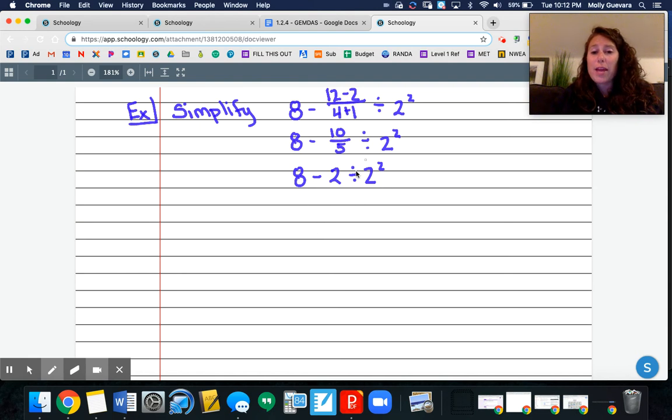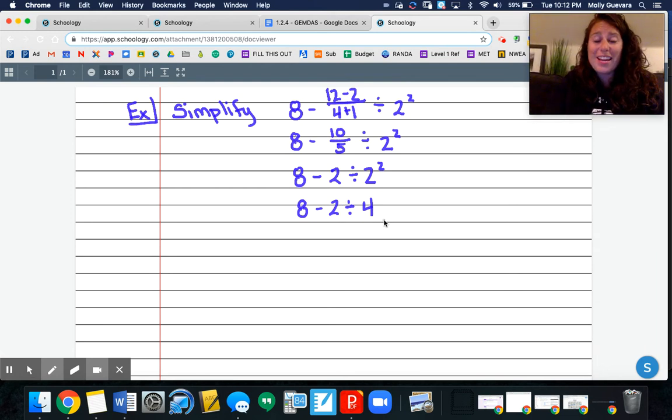So now I can do my exponents, which is this 2 squared. So 8 minus 2 divided by 4, right? Because 2 squared is 4. Now there's no more exponents, no more grouping, so now I have to do division.